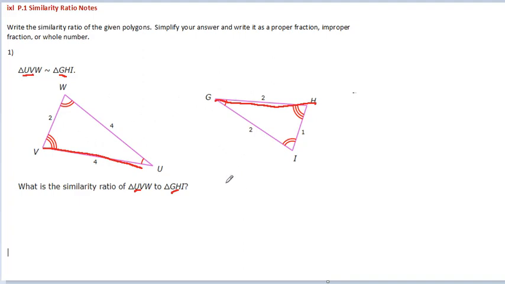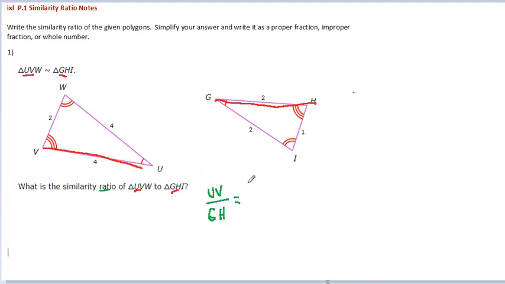But the way that you would set this up is we can say that side UV is in a proportion to side GH. Remember, ratios are proportions or fractions. Then all you got to do is fill in the side for UV.